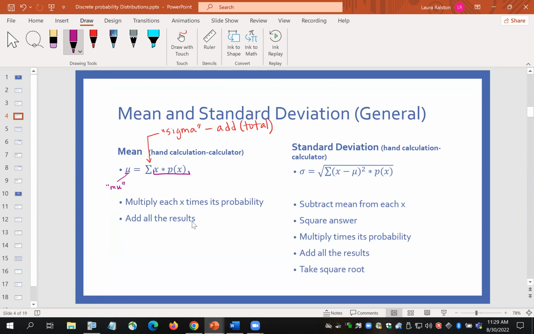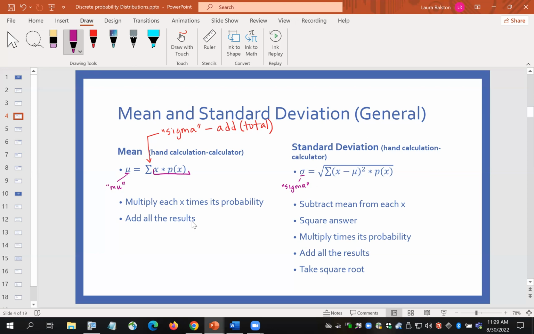The standard deviation looks a little scary, but it's really not. This symbol here is also sigma. The big funky looking E is the capital or big sigma, and the little o with the curl is the lowercase or little sigma. It's the square root of the sum of x minus the mean, squared, times the probability of x.